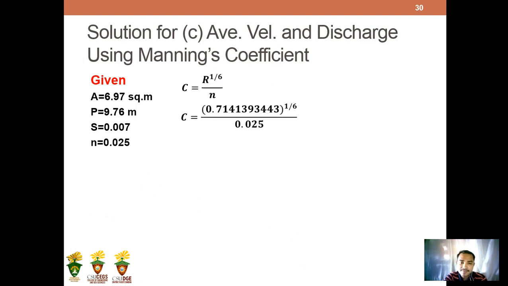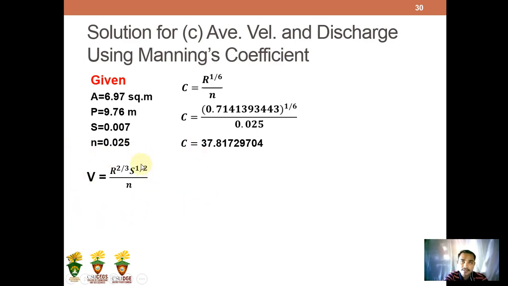So again, let's have C, which is the Manning's coefficient, R raised to the power of 1 over 6 over N. Substitute its values, it leads to C to be 37.81729704.